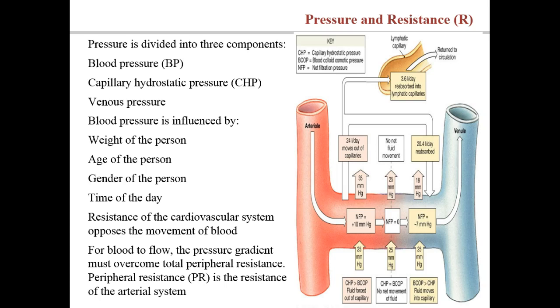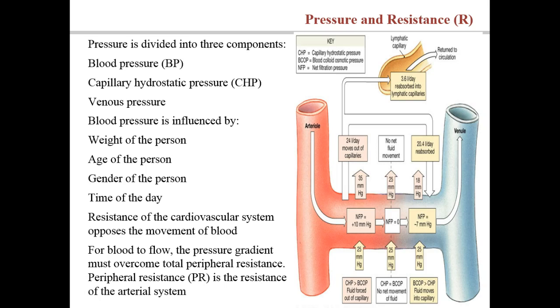And then you also have millimeters of mercury from the interstitial tissues. Those are the ones at the bottom that are going into the capillary beds. If you look at those numbers, the capillary hydrostatic pressure exiting the capillary beds is higher than that of the hydrostatic pressure pushing into the capillary beds.